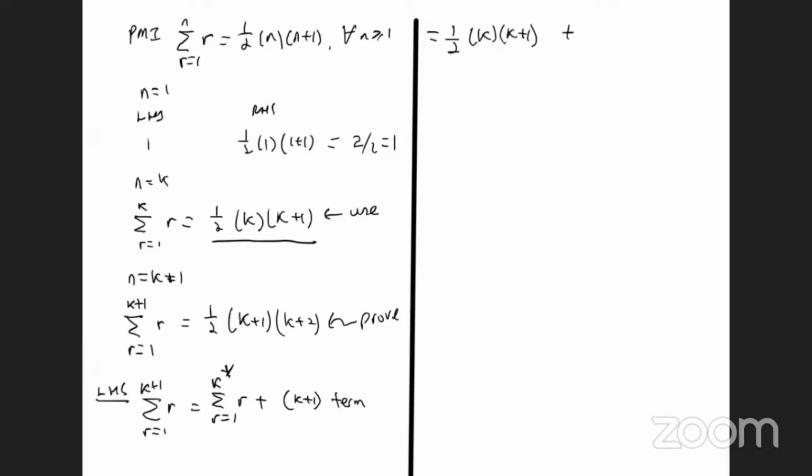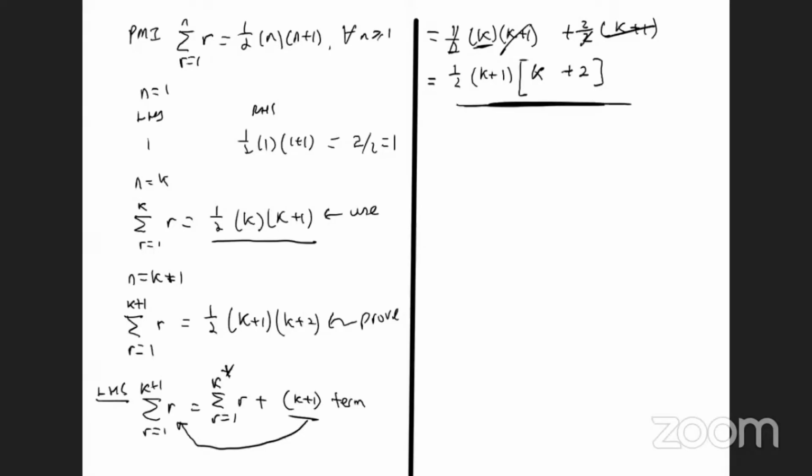And then you add the k plus 1 term, just put k plus 1 wherever you have r in there. And you'll get k plus 1. If you factor out 1/2 (k plus 1), you'll be left with k here, and with 2 here. And if you look at it, this is what you're trying to prove. So you have it.